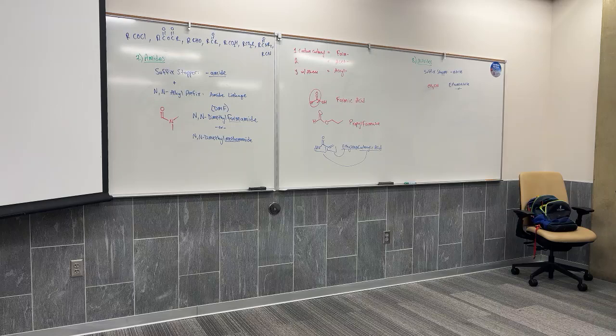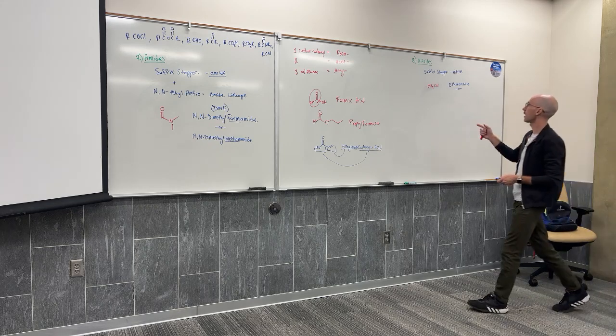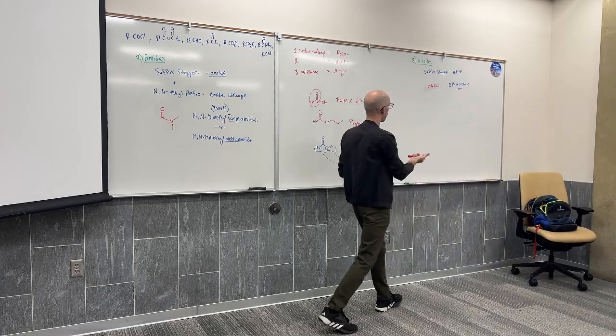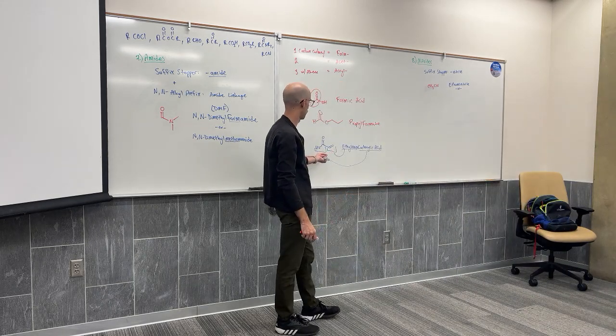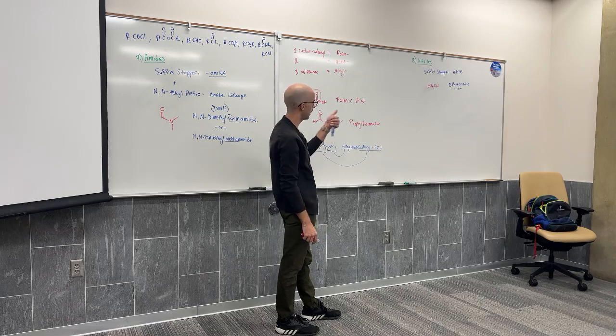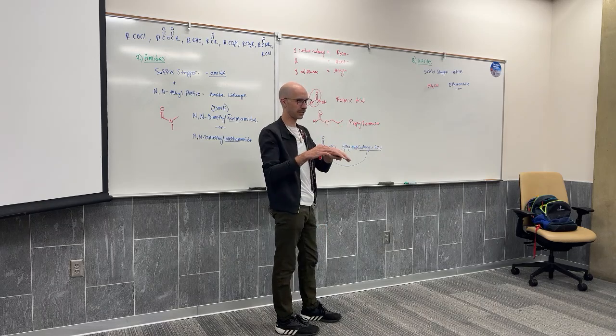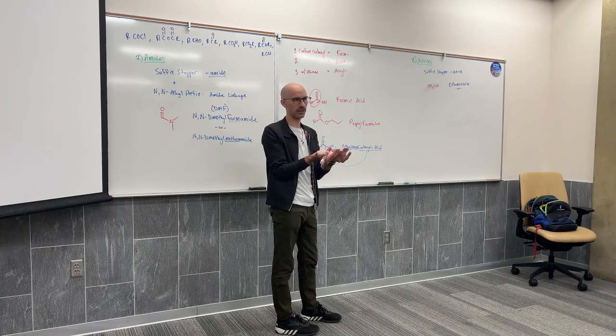Now, nitriles don't really look like other carbonyls, is that correct? Because I don't have a double bonded CO group. Instead, I just have a CN triple bond. And yet they're classified as kind of a carbonyl.